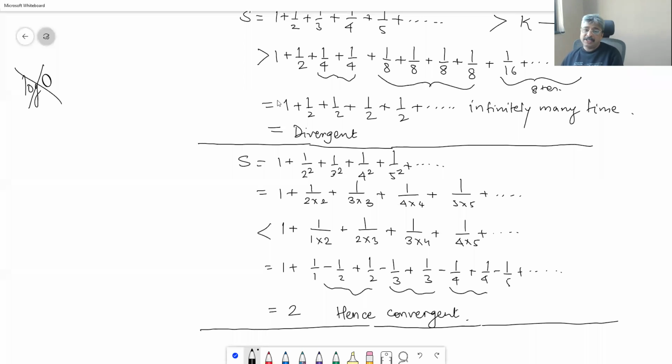If you do it the opposite way, suppose we want to prove something divergent, and instead of finding a smaller quantity which tends to infinity, we find a bigger quantity which tends to infinity, we will not be able to say anything about S, because something bigger than S tending to infinity does not mean that S tends to infinity. But if something smaller than S is tending to infinity, it definitely means S is tending to infinity. Similar will be the case for converging sequences. Okay, so that was just a sidetrack.